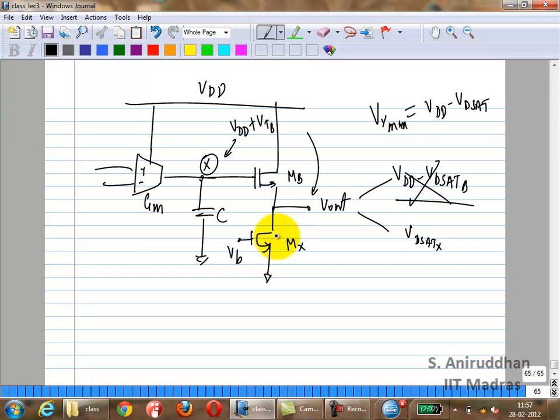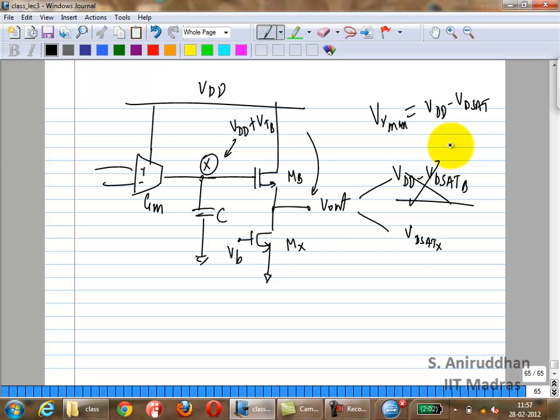So if you actually put in some numbers, it will end up being extremely small. Okay, so that is why these kind of buffers are actually very rarely used in op amps, because they really restrict your output common mode range. Okay.